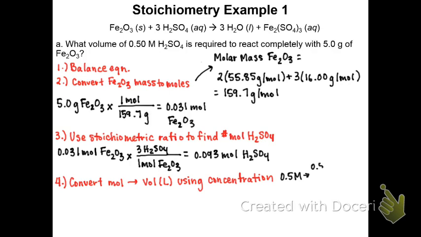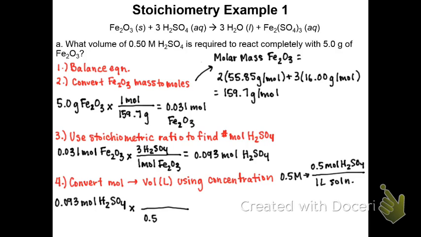So that means we have 0.5 moles of sulfuric acid in 1 liter of solution. And so we again start with our 0.093 moles of sulfuric acid. And we want to divide by the molarity because we want moles to cancel out. And so that comes out to 0.19 liters of sulfuric acid.